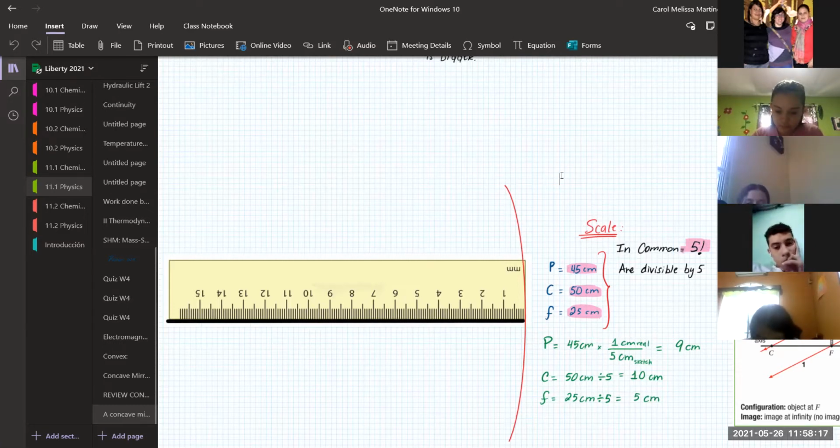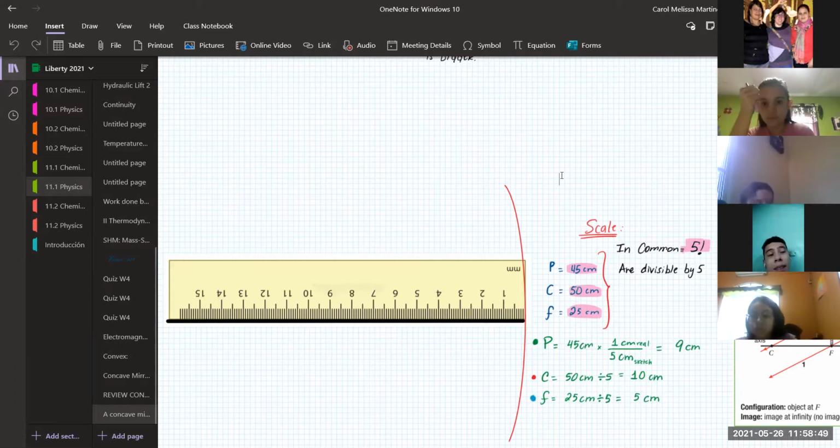Okay, so right now I'm going to start locating all the points. Point P, point C, and point F. Point P is located at 9 centimeters, okay? So my centimeter number 9 is right here. So P, I will do it in green. C, I will do it in red. And F, I will do it in blue. Those are the three colors that I'm going to be using.